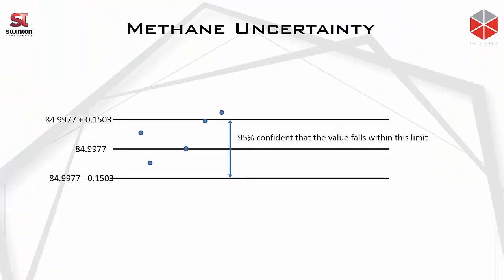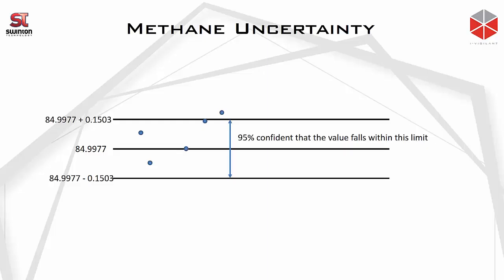To show you the Monte Carlo method on the particular uncertainty calculation that we're doing, I'm going to start with this methane uncertainty. Let's say we have a methane component that has a concentration of 84.9977, and in our particular example it has an uncertainty of plus minus 0.15.